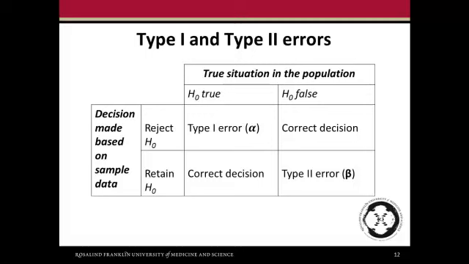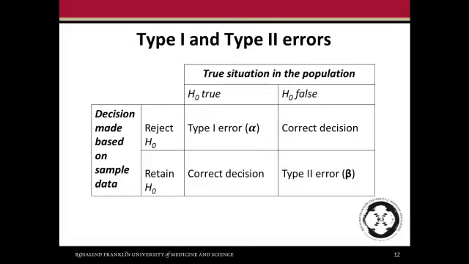However, there might be situations where the null hypothesis is true and we've rejected it, and that's our type 1 error rate, or alpha, which is often set at 0.05, meaning there's a 5% chance that although we've rejected the null hypothesis, it's actually true. And then our type 2 error is when we've decided to retain the null hypothesis, but it's actually false.